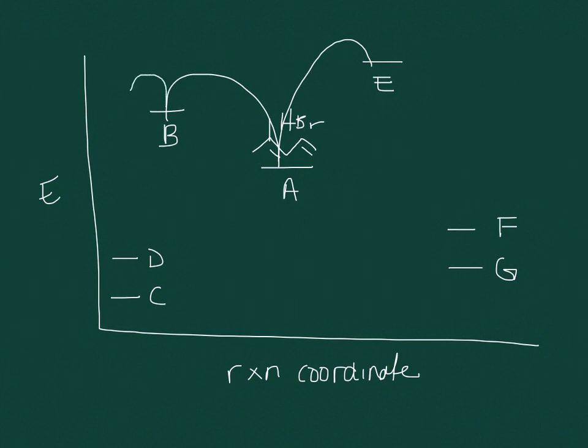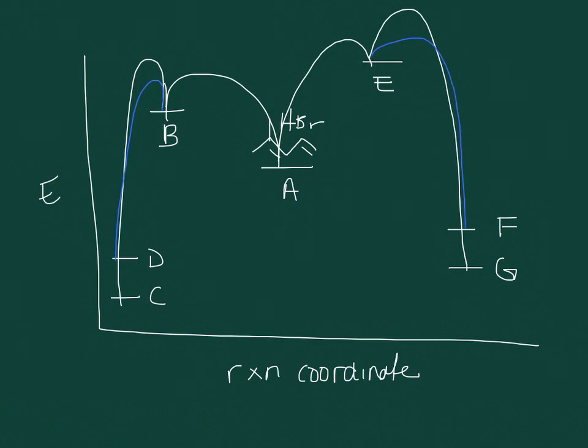It's going to take a higher activation energy to get to C than it will to D, and then it's going to take a higher activation energy to get to G than it will to get to F. So this is how you would make an energy diagram for an unsymmetric diene.